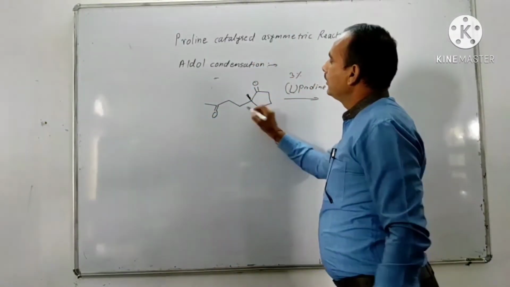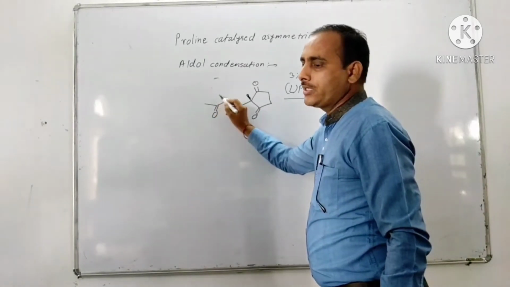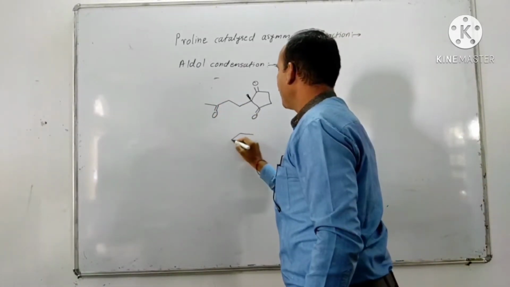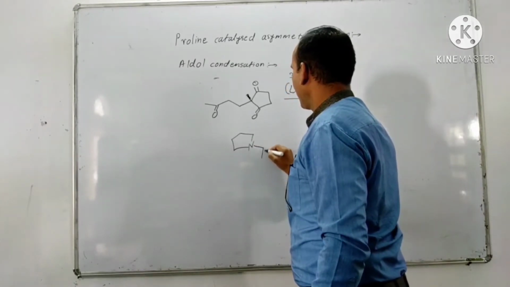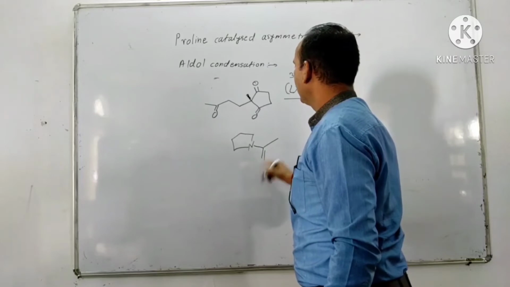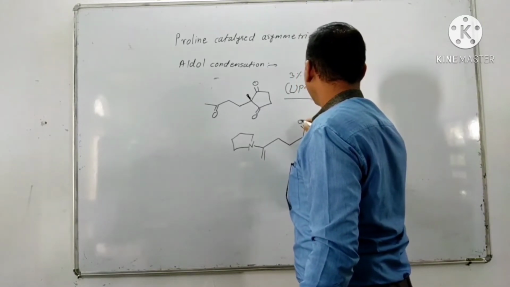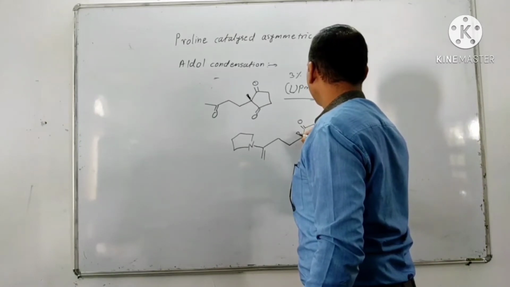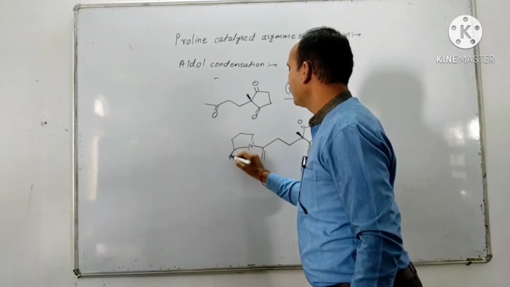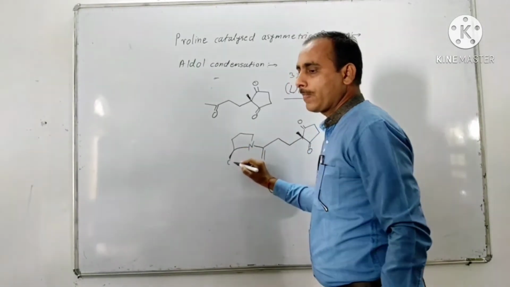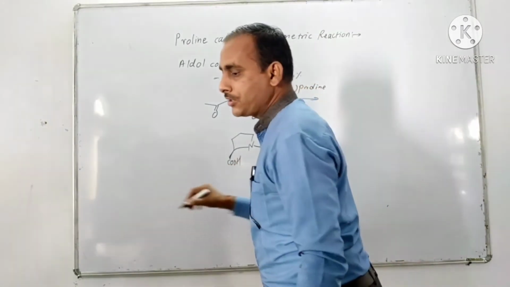Here again there is a cyclization. There is formation of an enamine. Now let's see which type of enamine is formed. C double bond O, methyl, and here is COOH.